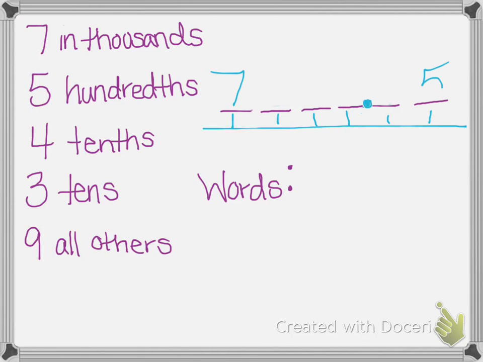So we need a 5 in our hundredths, a 4 in our tenths, a 3 in our tens, and then a 9 everywhere else. So in our hundreds, in our ones place.